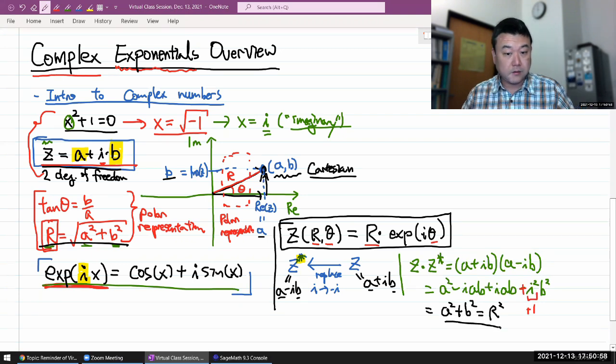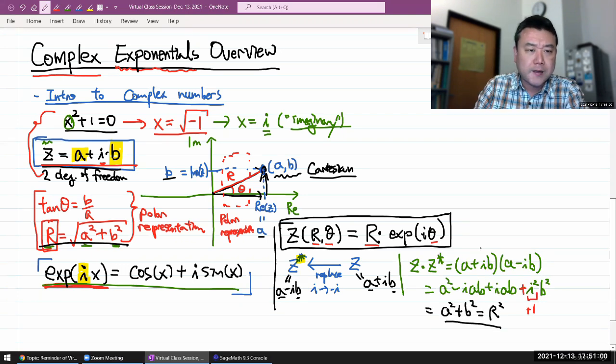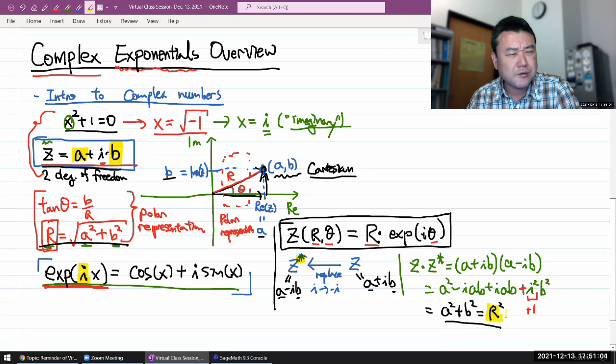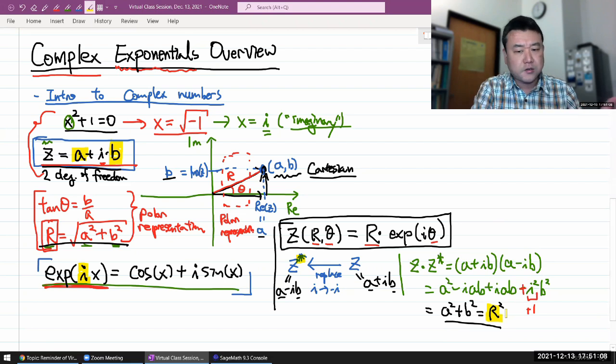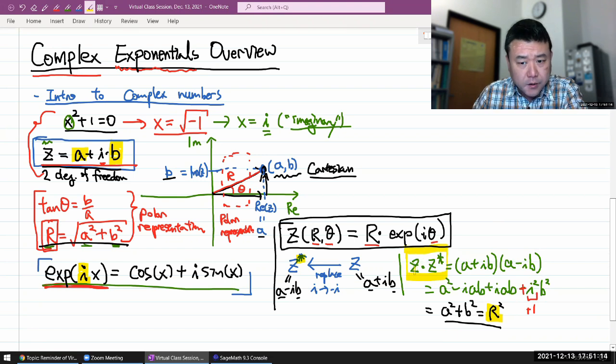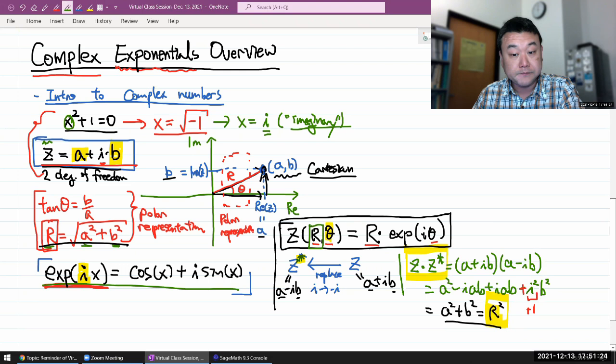So here, notice how I'm obtaining the magnitude r without needing to explicitly separate out real and imaginary parts. This multiplication of a complex number with its conjugate is giving me a quantity that doesn't depend on the angle theta and depends only on the magnitude r.